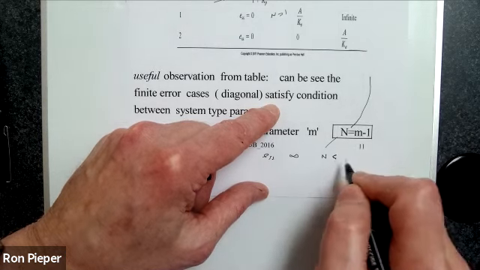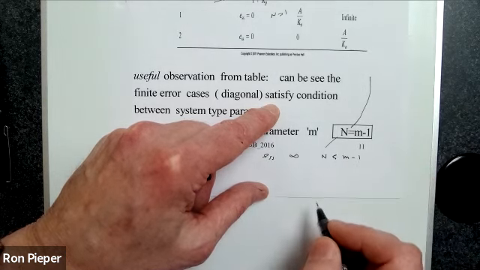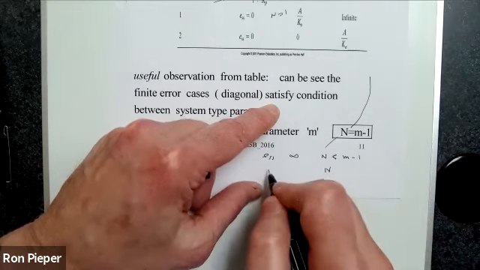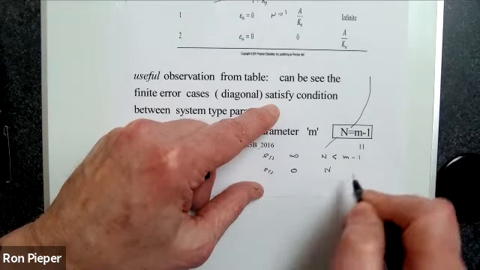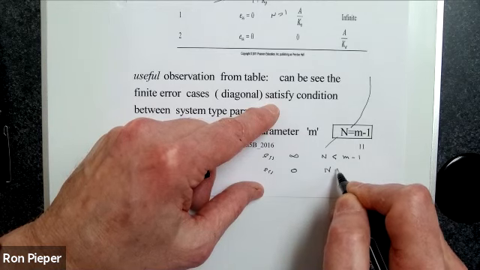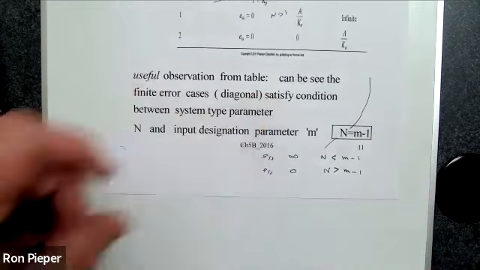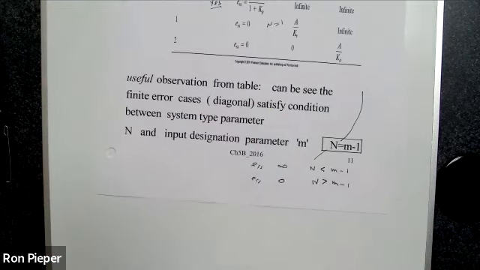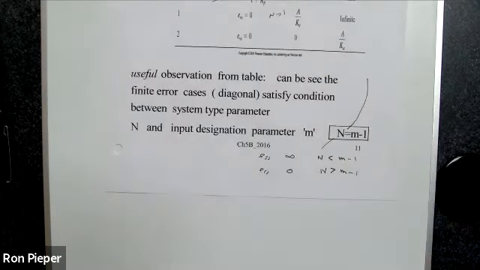So if n is less than m minus 1, we get the infinity. That only leaves, how do I get a 0? That would be n greater than m minus 1, and that's the best situation. Any questions on that?